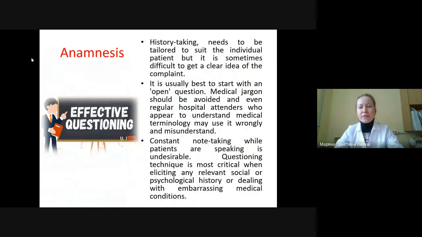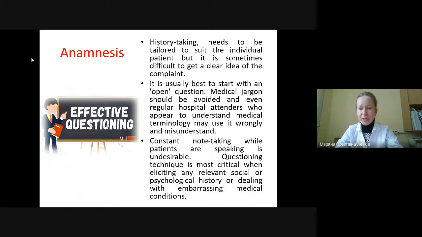During anamnesis or history taking, it is necessary to remember that this step in the questionnaire needs to be tailored in a special way to suit the individual patient, but it is sometimes difficult to get a clear idea of the complaint. It is usually best to start with an open question. Medical jargon should be avoided, and even regular hospital attenders who appear to understand medical terminology may use it wrongly and misunderstand.